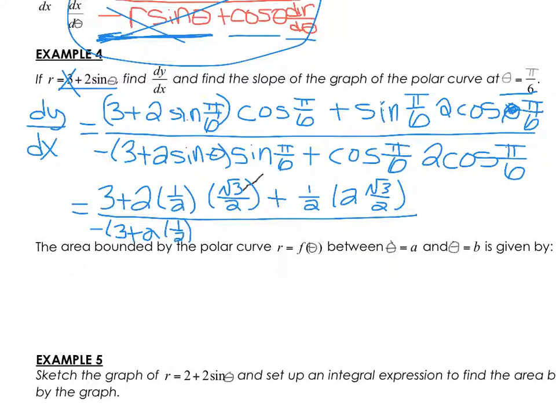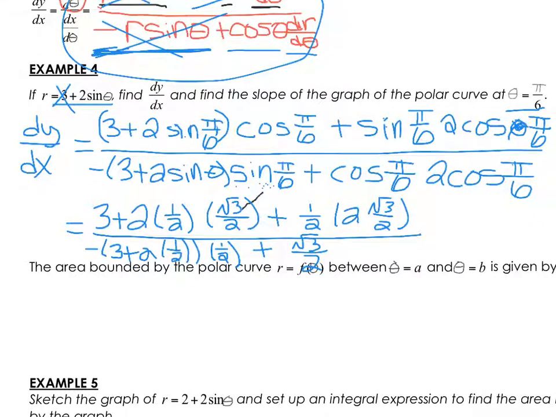And then all that times, let's see, sine of pi over 6 again. Well, that's 1/2 again. So that's this pi over 6 right here. And then plus cosine pi over 6. That's radical 3 over 2. And then times that times 2, and then that'll be times radical 3 over 2.